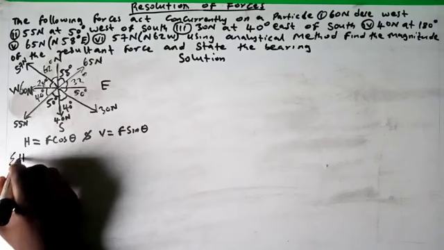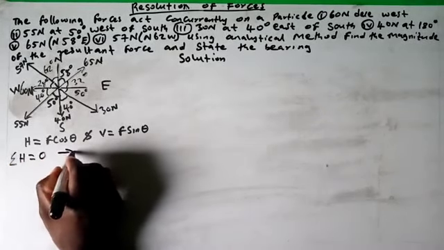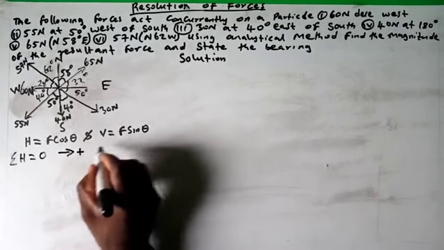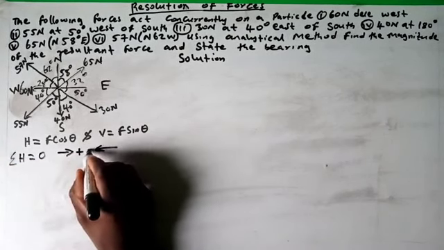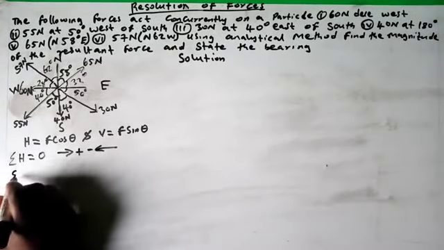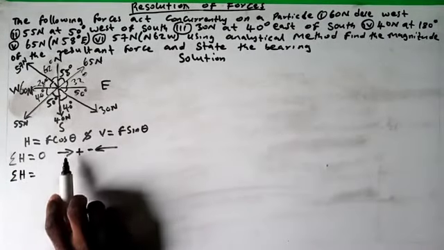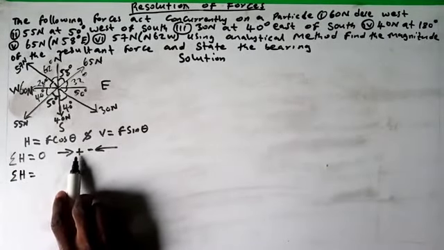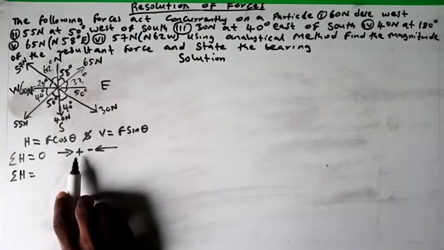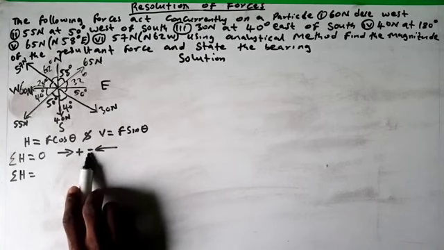Summation of all the horizontal forces is equal to 0, such that forces to the right are taken as positive and forces to the left are taken as negative. Therefore, our summation of H will now be equal to, now in summing up all the forces, the sign convention is very, very important, because if you miss it, all your calculation will be wrong. So we must follow our sign convention that we stated here.